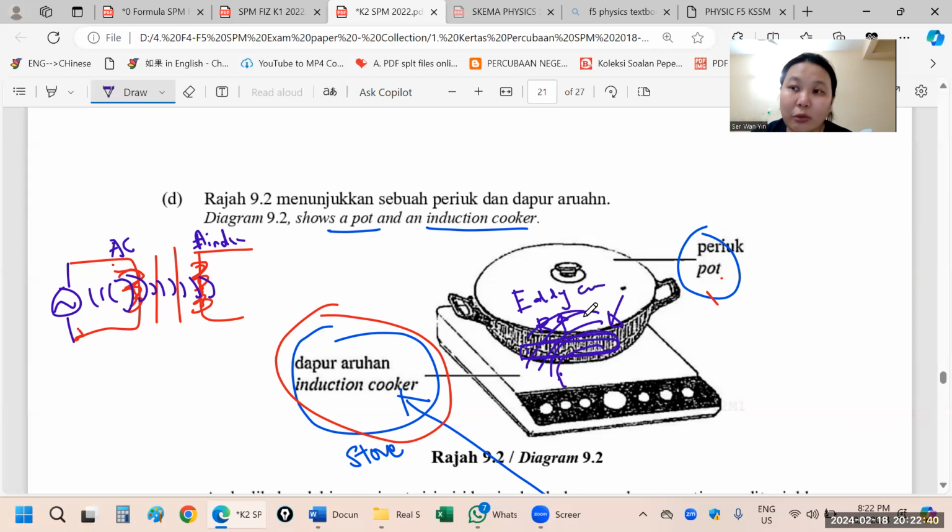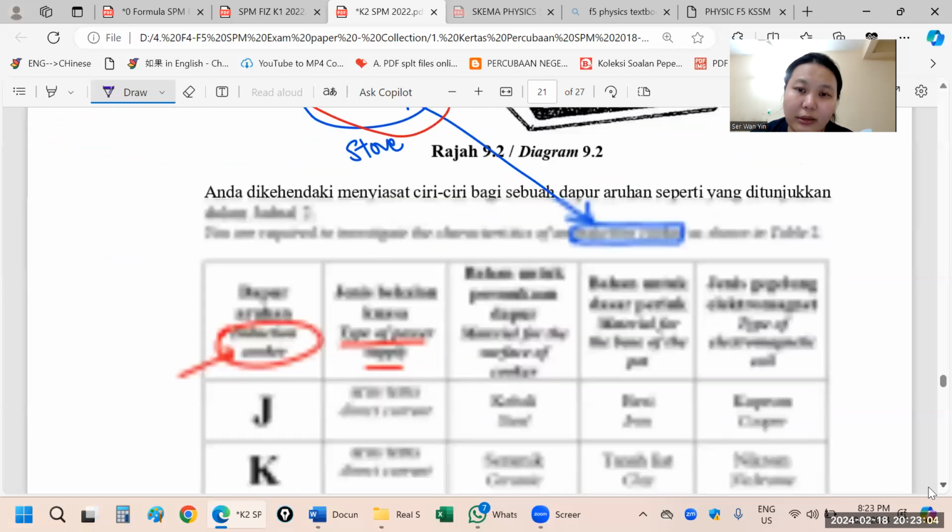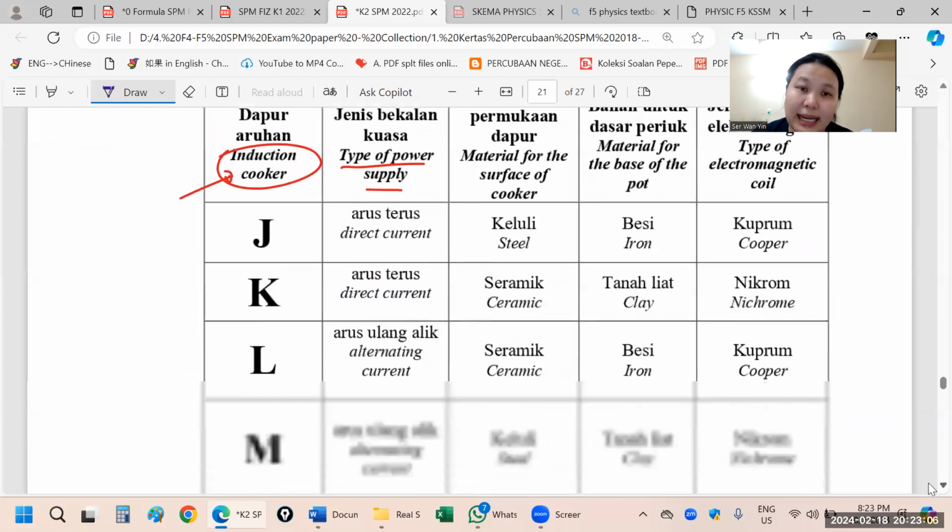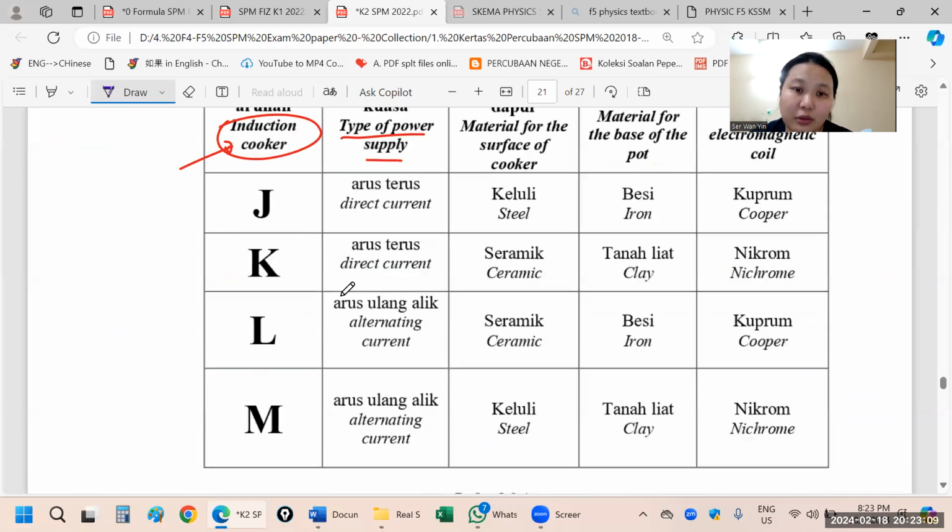Eddy current means it will make your pot very hot. So actually it's not the induction cooker that heats up the pot. We are using the pot itself to heat up itself, using the electromagnetic flux cutting the pot. So the type of power supply, same as a transformer, must be AC.